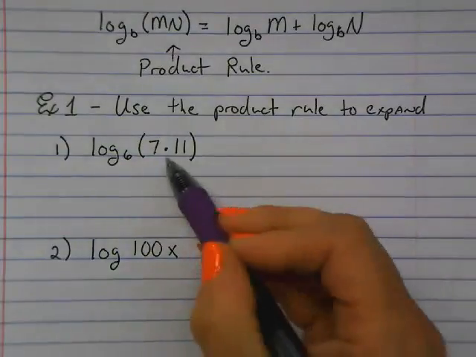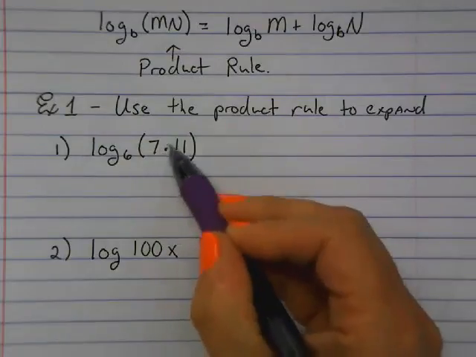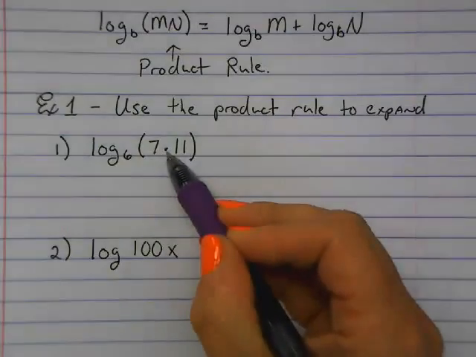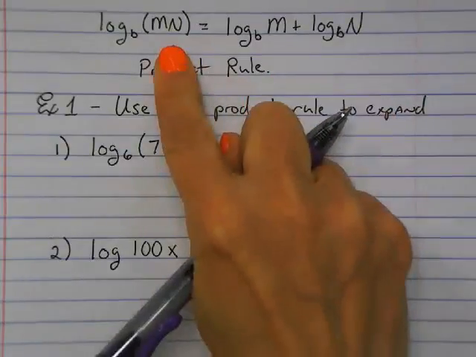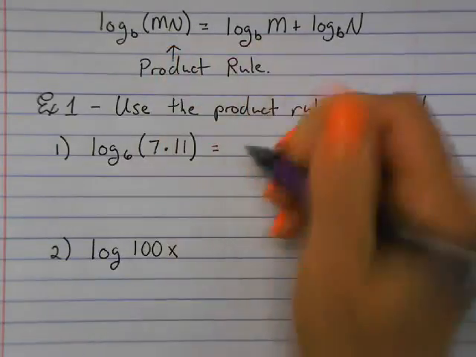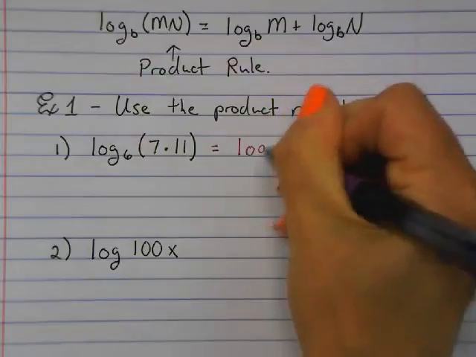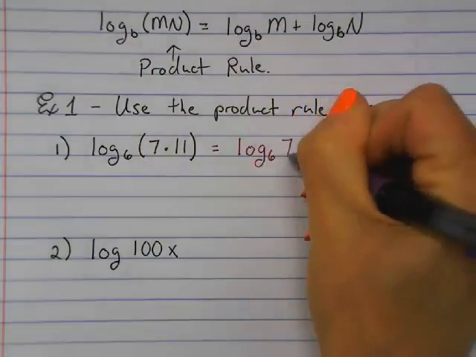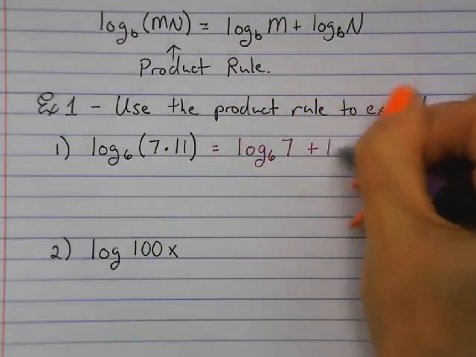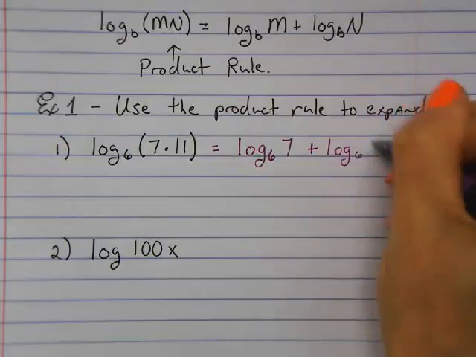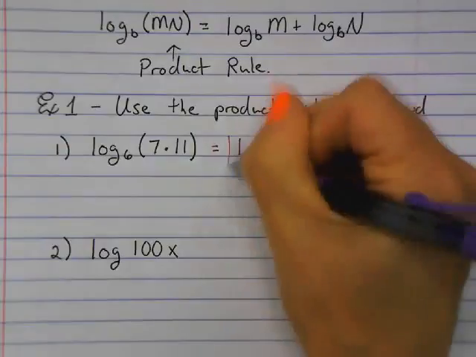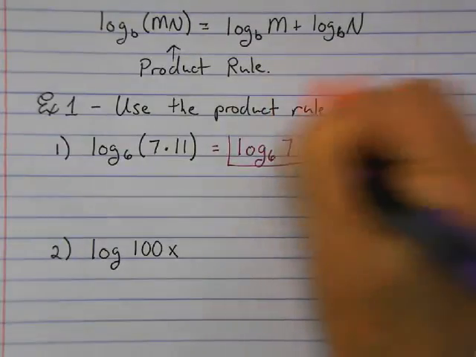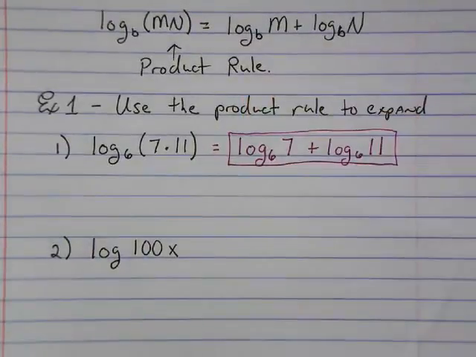So to expand this, a multiplication is really going to become, according to the product rule, an addition. So it's going to be log base 6 of 7 plus log base 6 of 11. And that's my answer. So we're expanding it. We're actually making it look worse than it is. And there's a reason why. You'll see when we get to number 2.